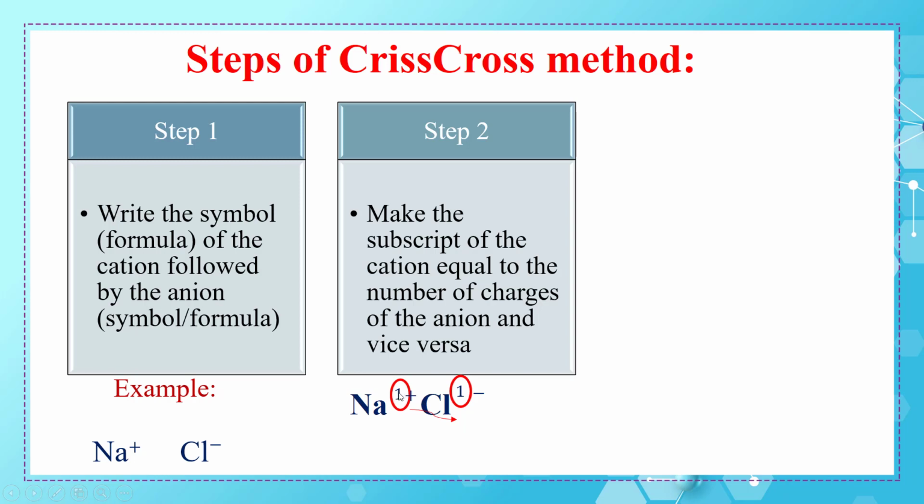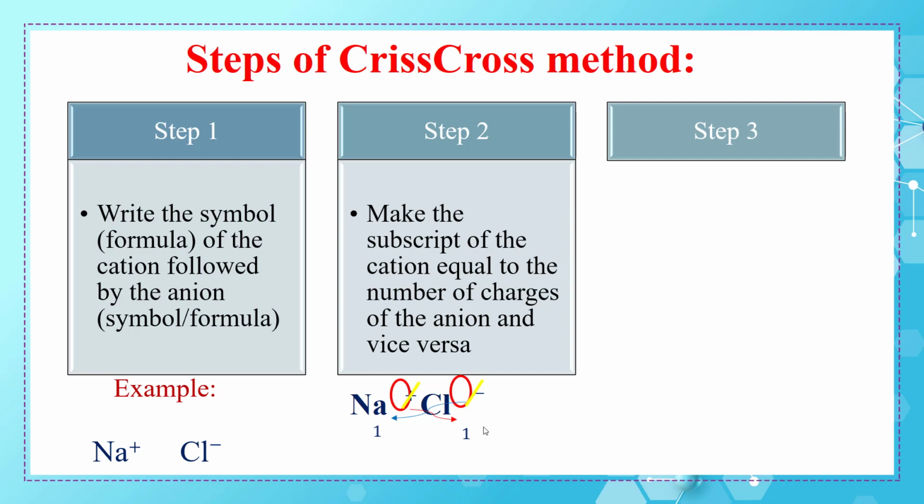I take the one which is the charge of the cation, I put it here as a subscript for the chloride ion, and we take the number of charges of chloride anion and put it here as a subscript for the sodium cation, as you see in the video. What about the charges positive and negative? We cancel it. They cancel each other. So this is the step 2 performed as you have seen.